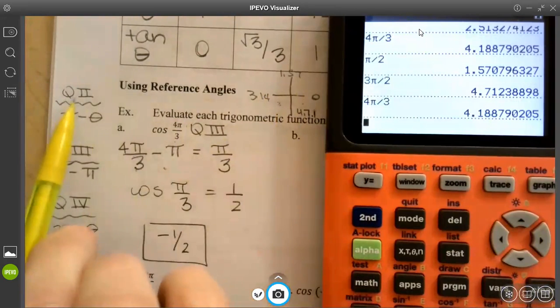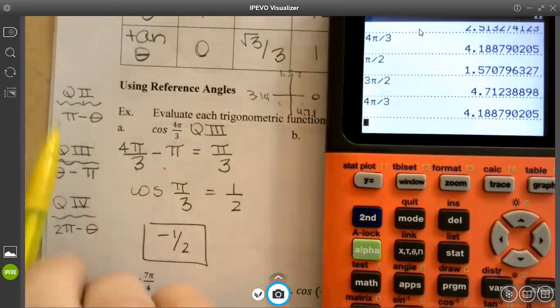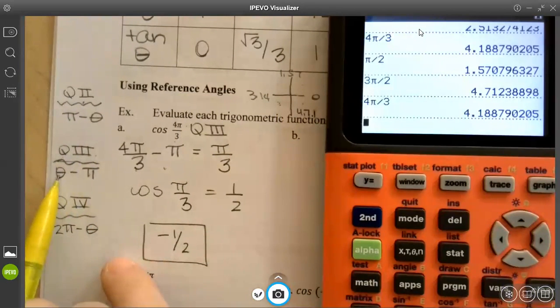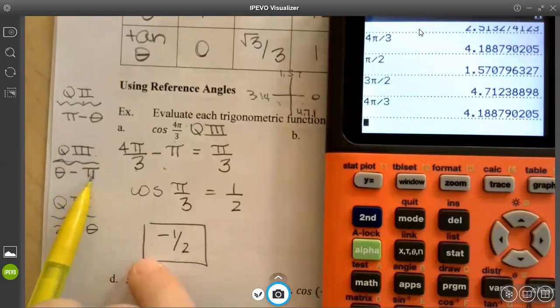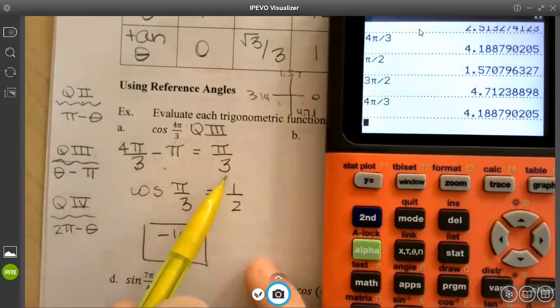All right. Quadrant 3 says you need to make a reference angle. You don't have to do that for quadrant 1, but you have to do it for everything else. To do that in quadrant 3, we do theta minus pi. What if it were in degrees? Theta minus 180. Is everybody good? So when I did that, 4/3 minus 1 is 1/3.